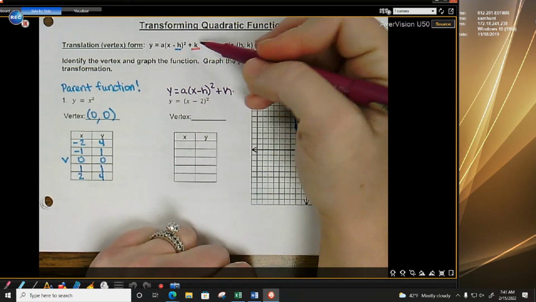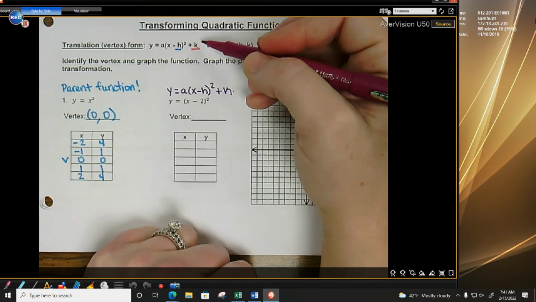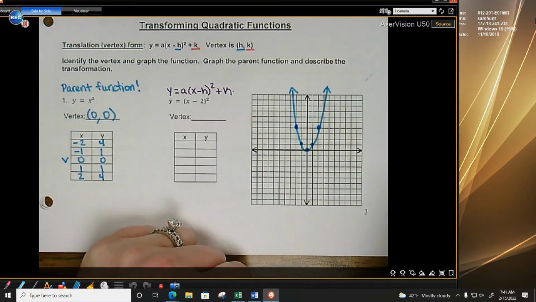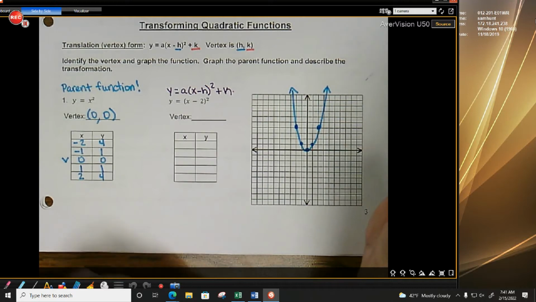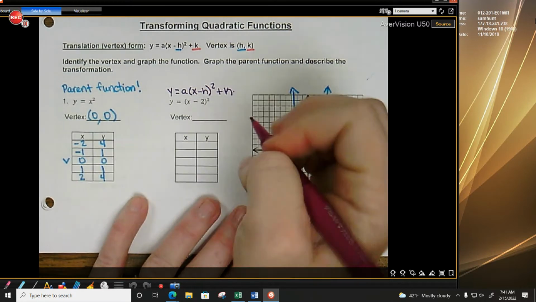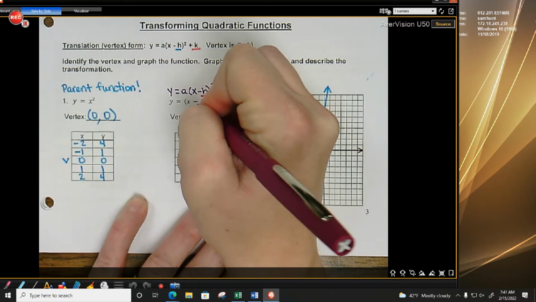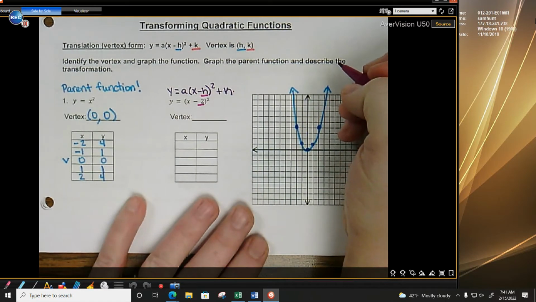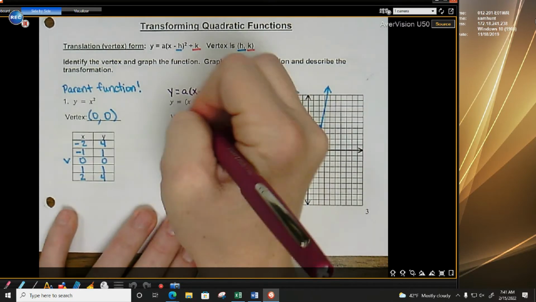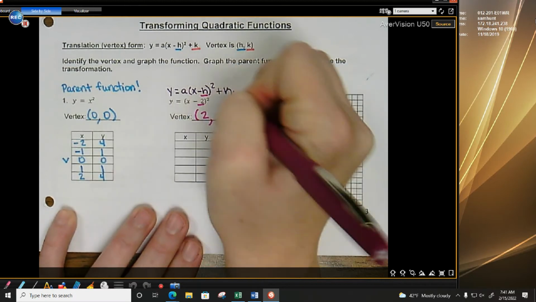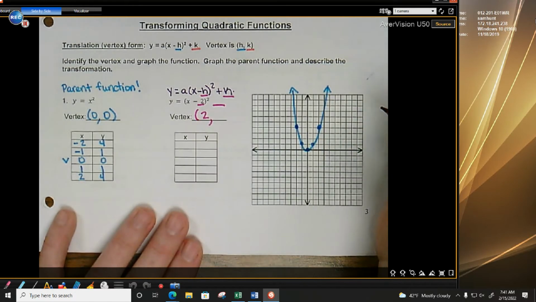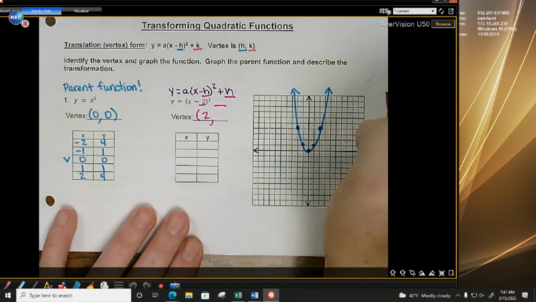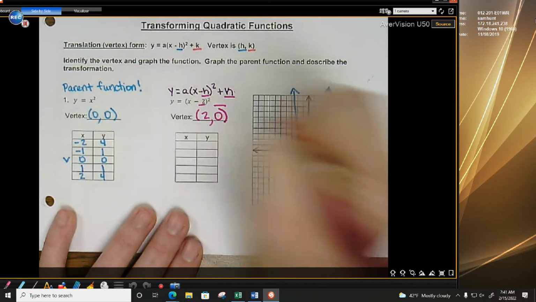That is just your vertex form of your quadratic function. Your vertex is h, k. What's the number in the parentheses with x? Negative 2, but we do the opposite, so it's positive 2. Is there a k out to the side? No, so what's my k? 0, so my vertex is at 2, 0.